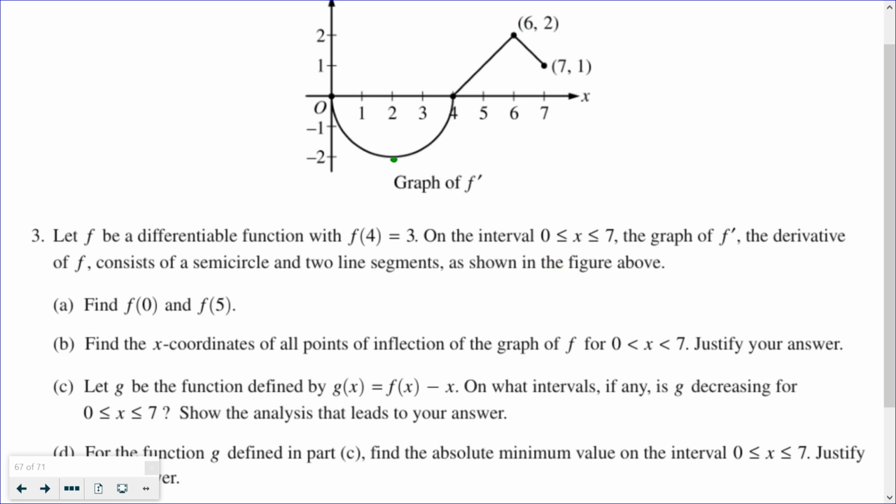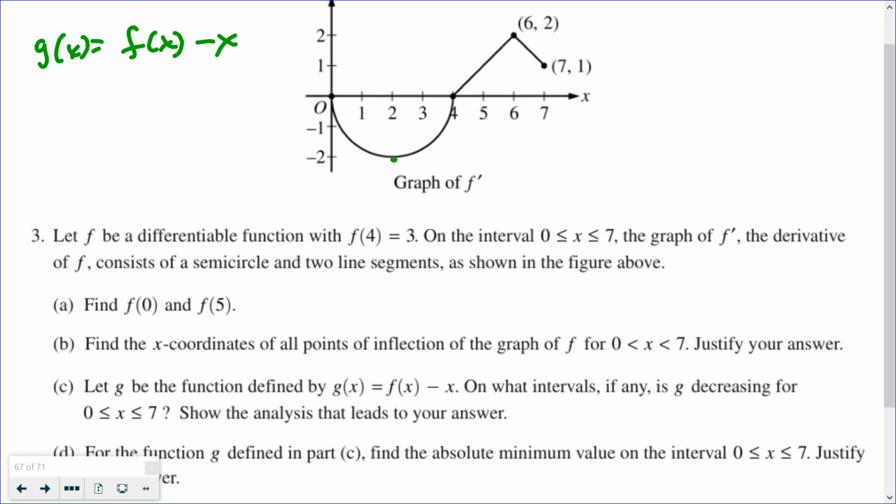Part C, big piece, is they introduce some brand new function, g. And g is f of x minus x. And they ask, on what intervals is g decreasing? Which immediately you should think what?